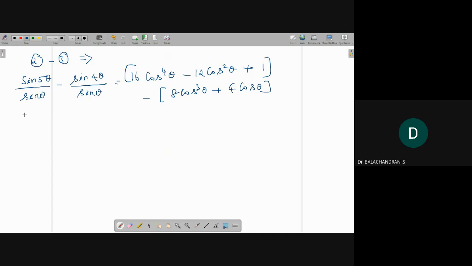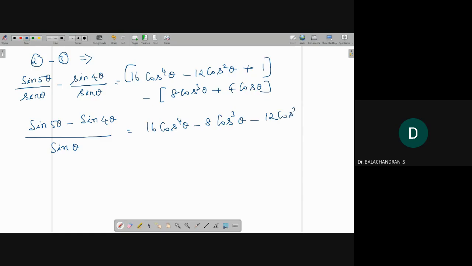So the left hand side, taking sine theta common, is sine 5 theta minus sine 4 theta divided by sine theta. This is equal to 16 cos power 4, and then write cos cube minus 8 cos cube, and then the square term minus 12 cos square, and then minus 4 cos theta.